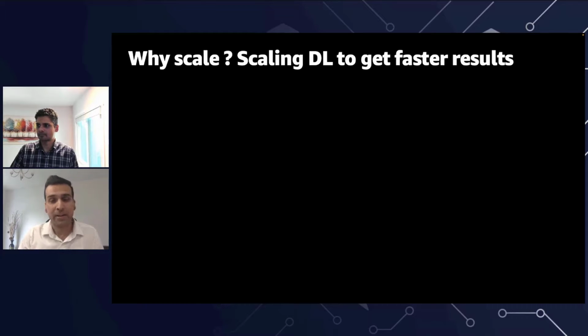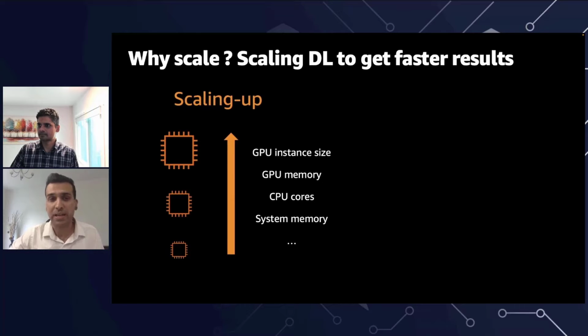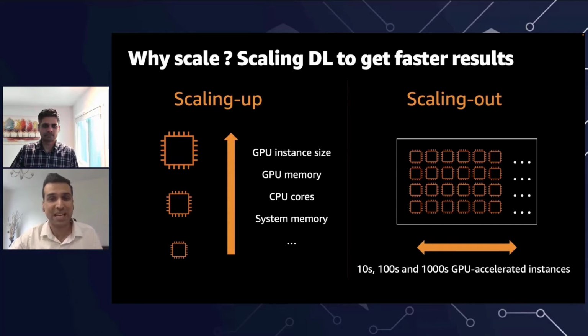If you want to really speed up your training, you have to consider a few options. One of them is to go back and optimize your code. However, there is only so much you can do with your code, and at some point you will want to provision more compute resources. When it comes to provisioning more compute resources for distributed training, there are two different paradigms: scaling up your machines, and scaling out.